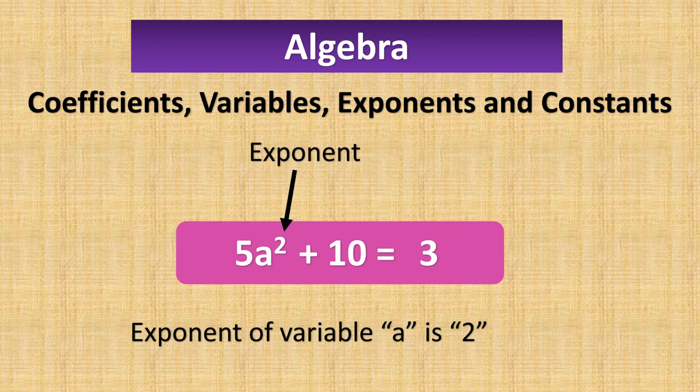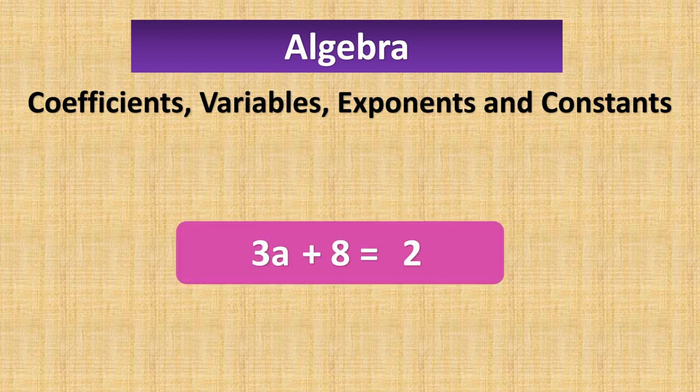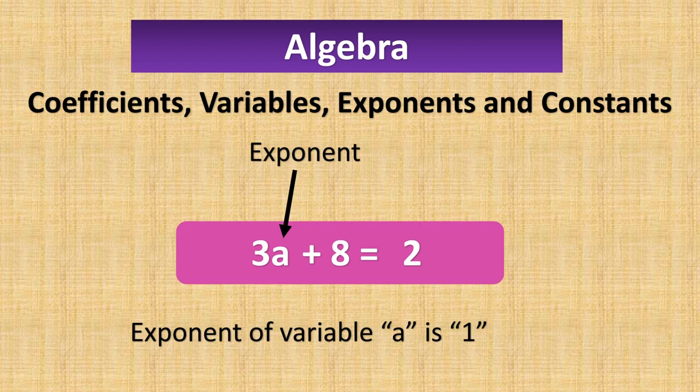Let's look at another example. 3a plus 8 equals 2. In this example, the variable is a, the coefficient is 3, and the exponent of a is 1. And why is it 1? This is because when you don't see any number written on top of the variable, it is a given that the exponent of that variable is 1.